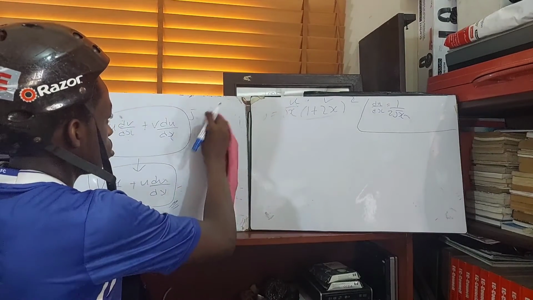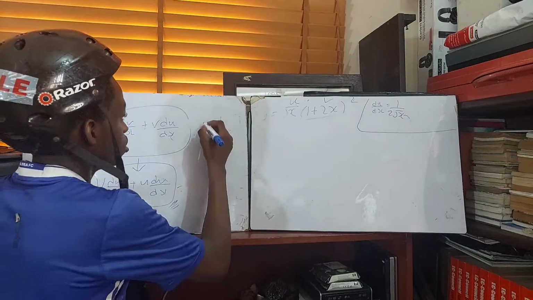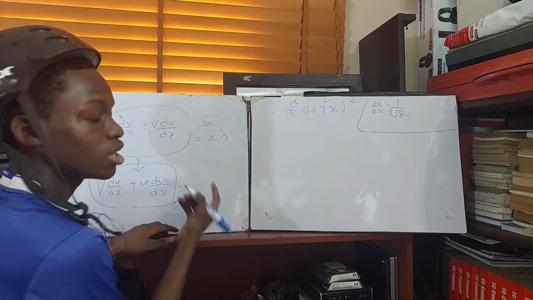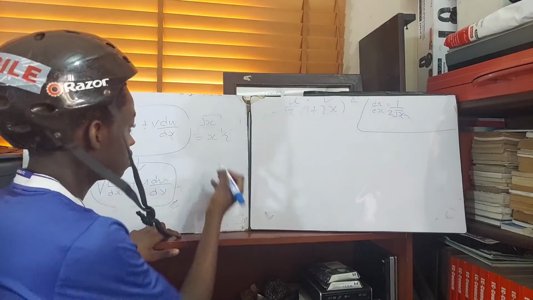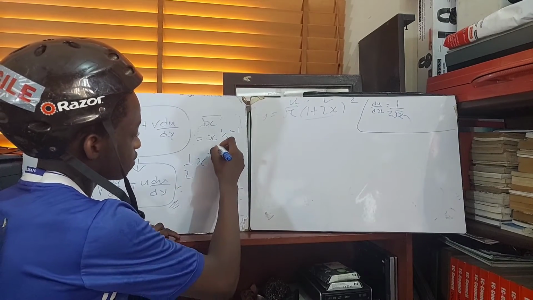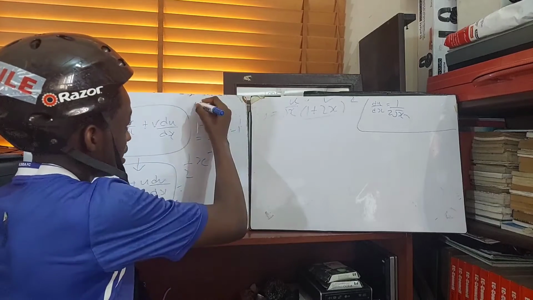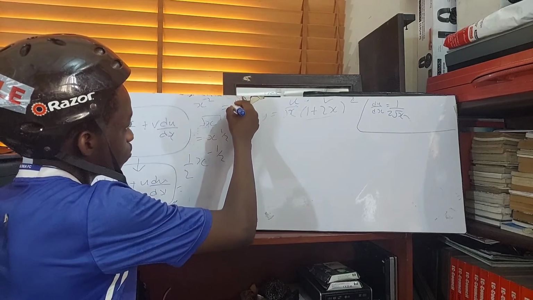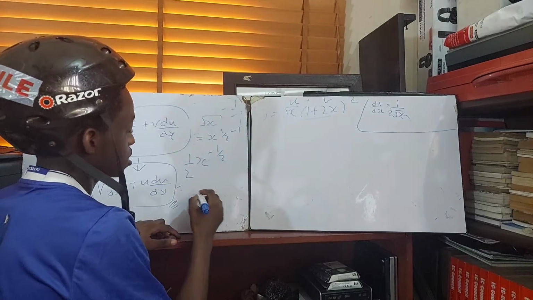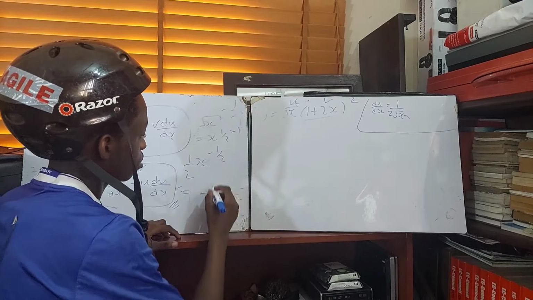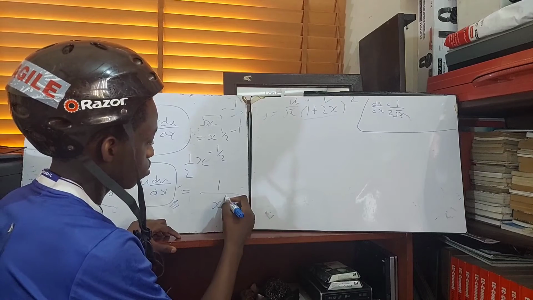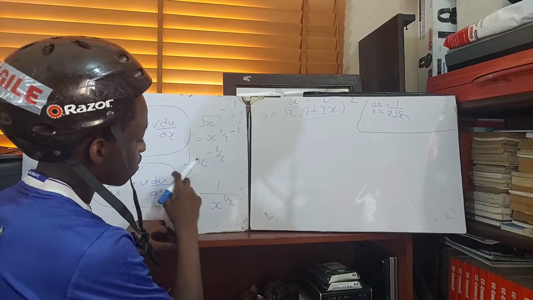Using that, you know that the square root of x is simply x raised to the power 1 over 2. Using the normal way we find derivatives, bring the 1 over 2 down, keep x, then subtract 1 from the power, which gives negative 1 over 2. Now when you have something like x raised to the power negative 2, it's the same thing as 1 over x squared. So you can take this as 1 over x raised to the power 1 over 2, not forgetting the half in front of it.